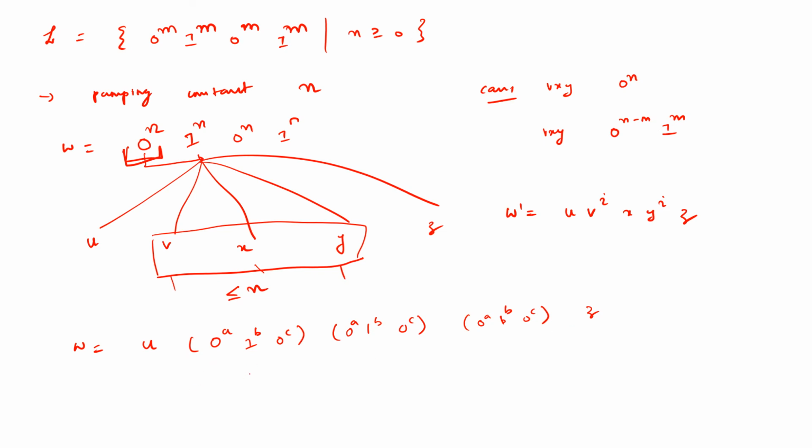Okay, so here, what is the constraint? I used a, b, c already, so let me call it a prime, b prime, c prime, and a double prime, b double prime, c double prime. So this is v, this is y.